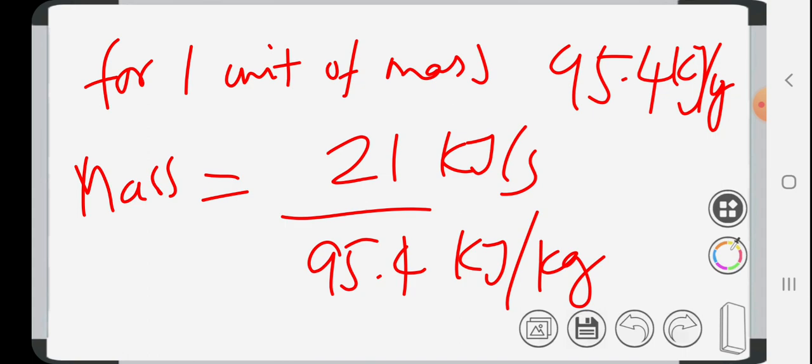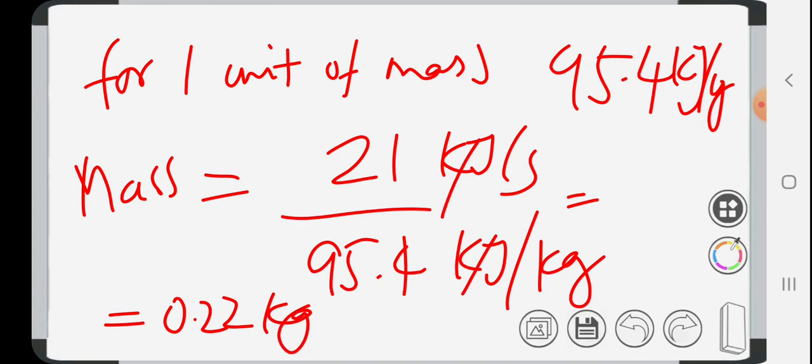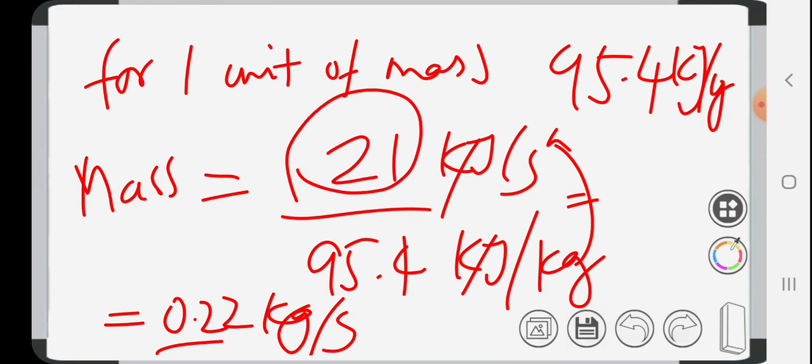So this will become a value of around 0.22 kilogram. The kilojoule cancels, and kilogram goes upward. Kilogram per second. So in 1 second, 0.22 kilogram of air should circulate in that refrigerator in order to get 6 tons of refrigeration of 21 kilojoule per second.